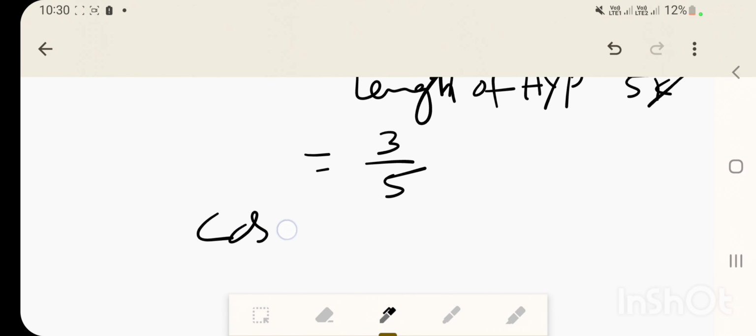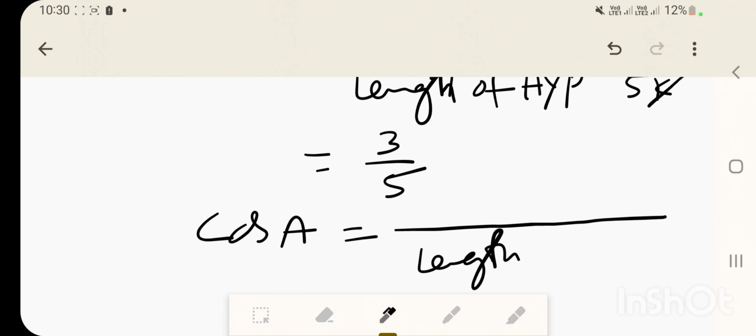Now similarly we can find cos A, cosine A. I'll give one or two seconds, you can tell what is the RHS. In the denominator it is going to be the length of the hypotenuse. What is it in the numerator, can anybody tell?